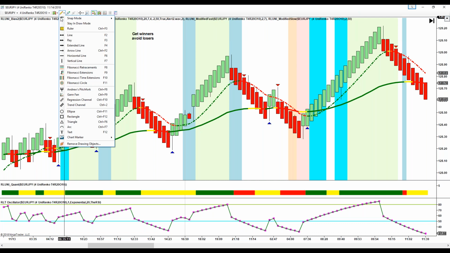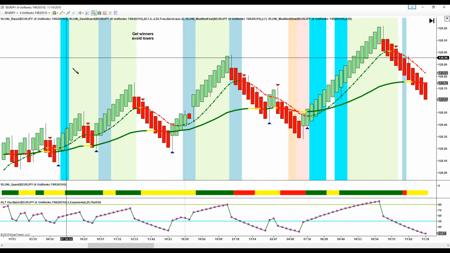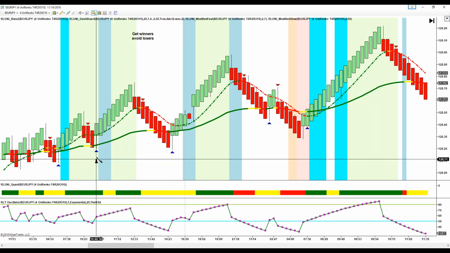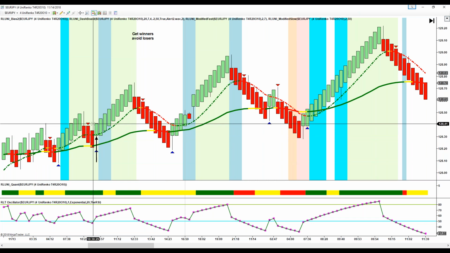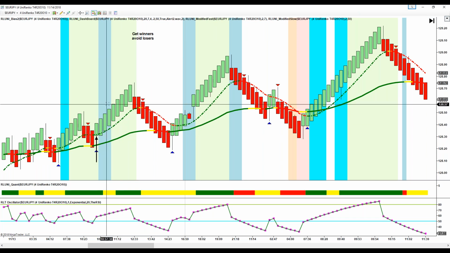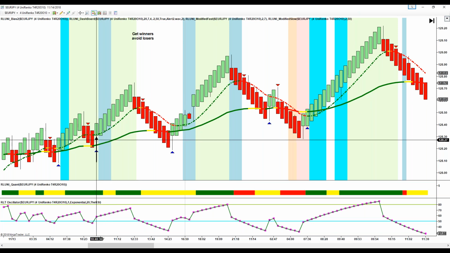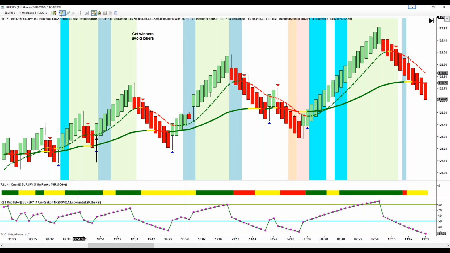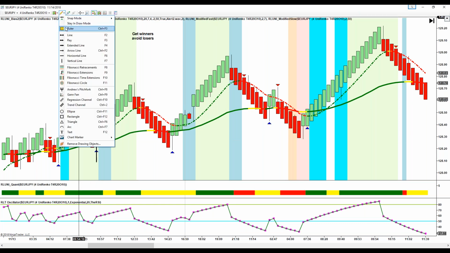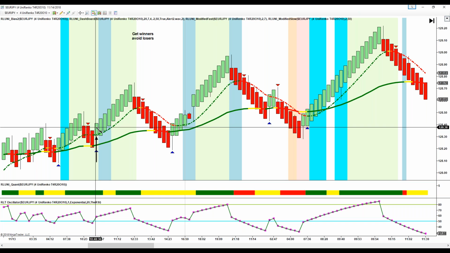Now, here is a trade. You see it's got green background. Now the green background disappears, but your entry is valid right here. This is going to set the scanner off.